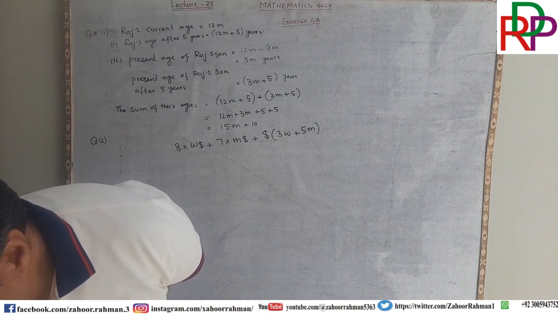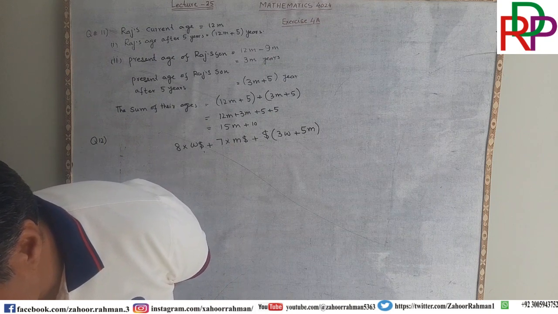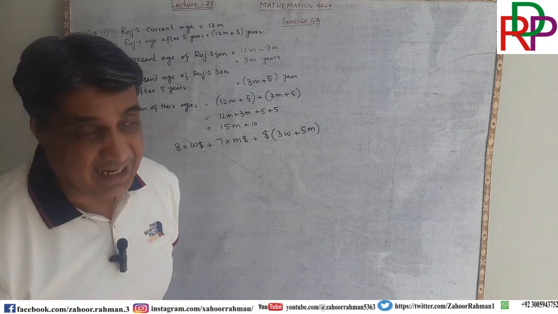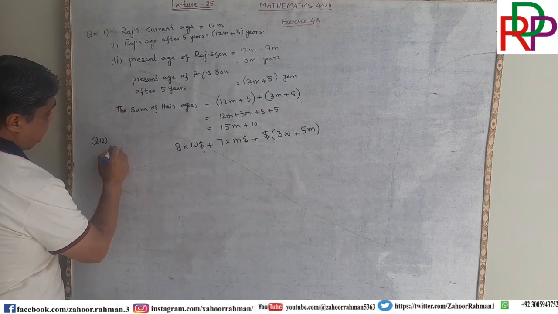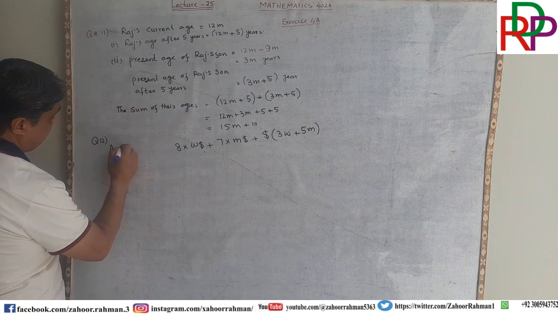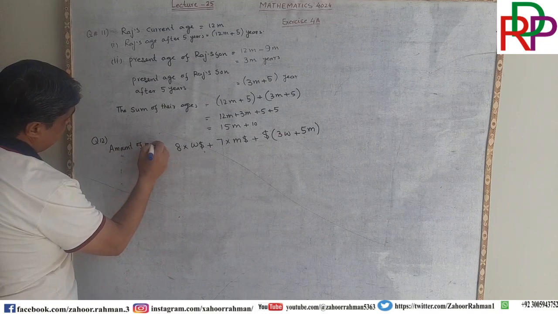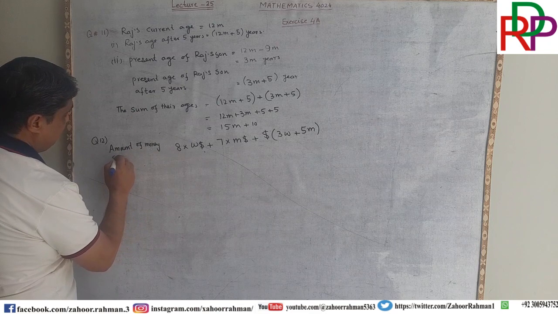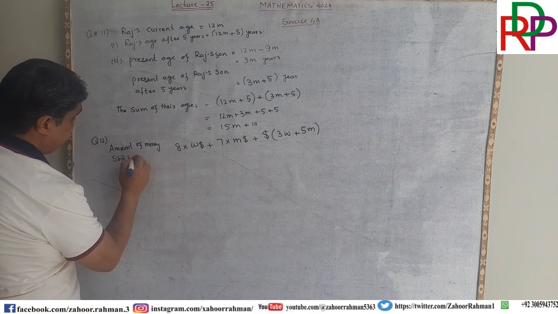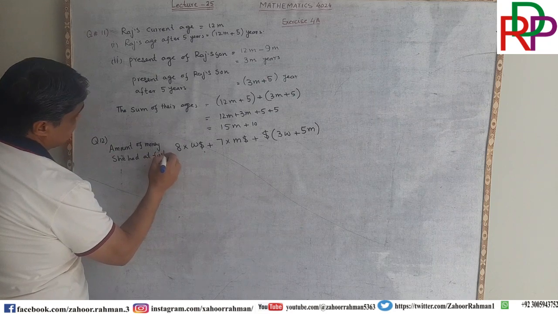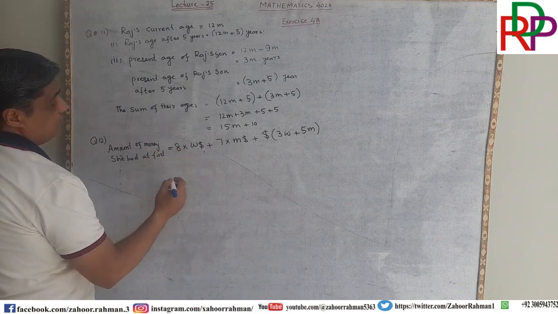Find the amount of money she had at first, so you have to add. The amount of money she had at first is equal to this.